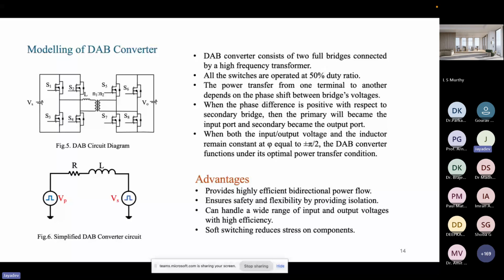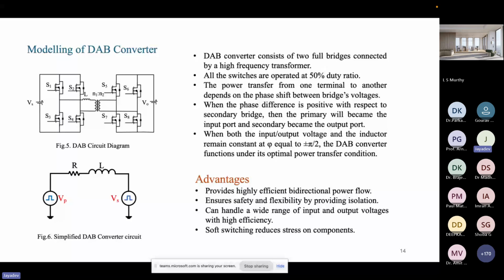Once you design the DAB converter, your inductance value is fixed, so the only deciding factor is your phase difference. At a phase difference of plus or minus 90 degrees, the DAB converter can transfer the maximum power from one end to the other.